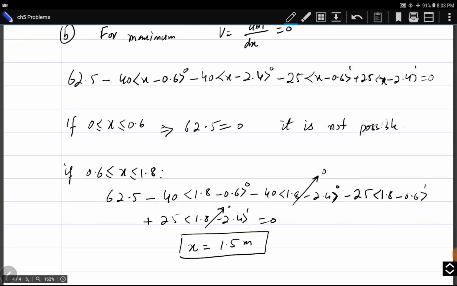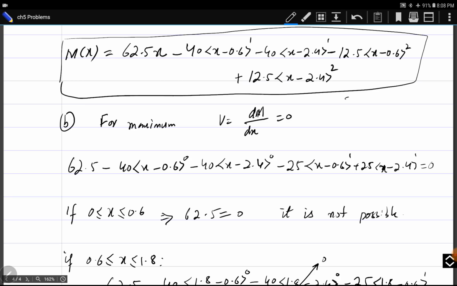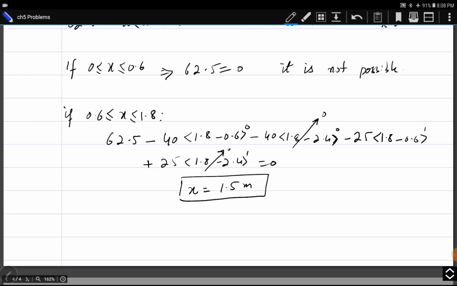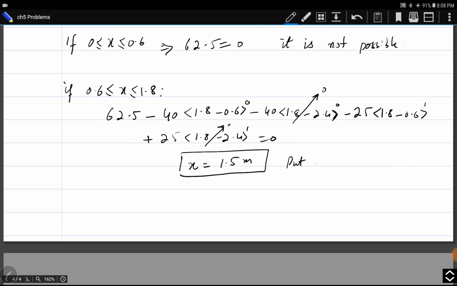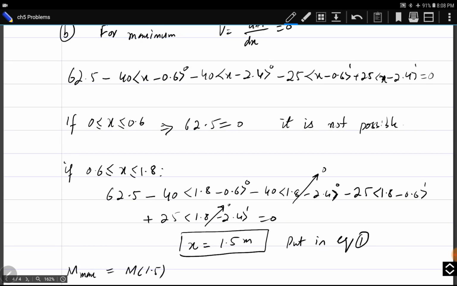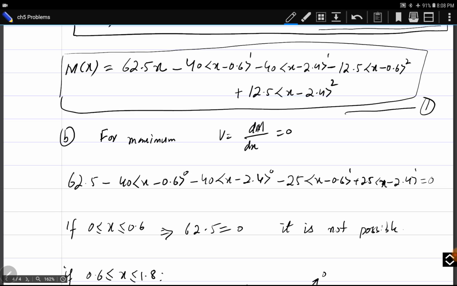Put this value of x in the expression of moment. For example, this expression, if I call it equation number 1, put it in equation number 1. We can find the value of the maximum bending moment. M maximum is equal to M at 1.5. Put x equal to 1.5 in this expression.